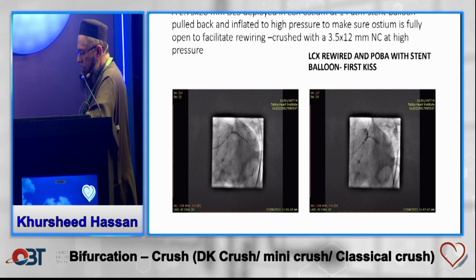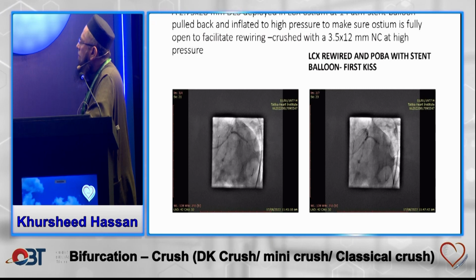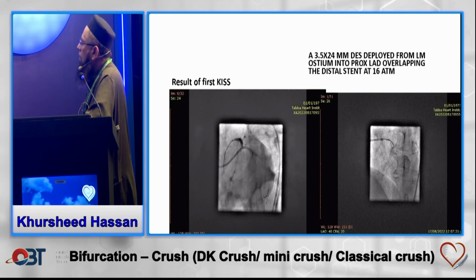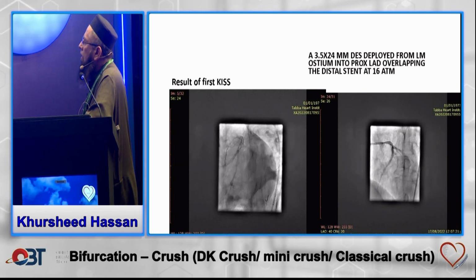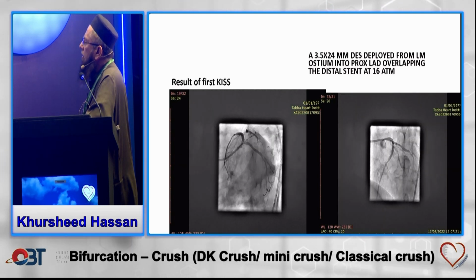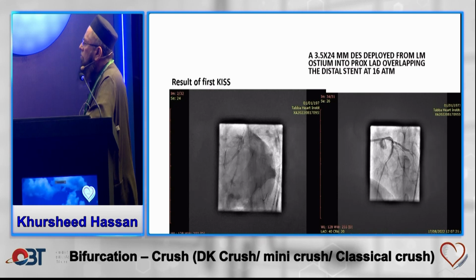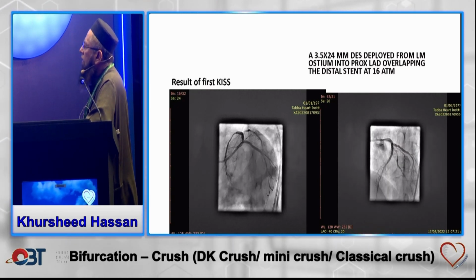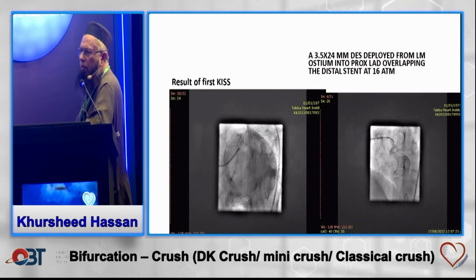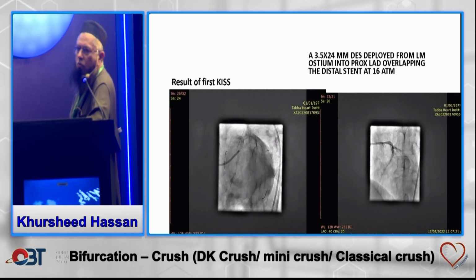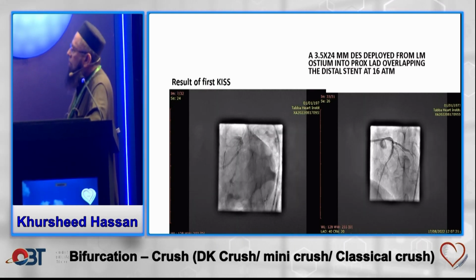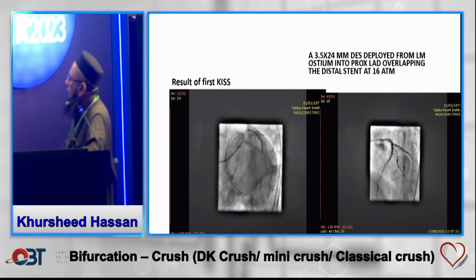So this is the first case. This is the result of the first case. Angiographically, the circ stent looks good, the ostium looks good, well open, and you have to make sure. Then you take the wire out from the circ, because you are going to crush it with the stent.